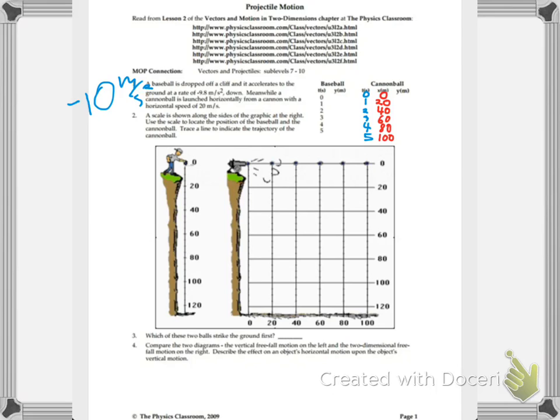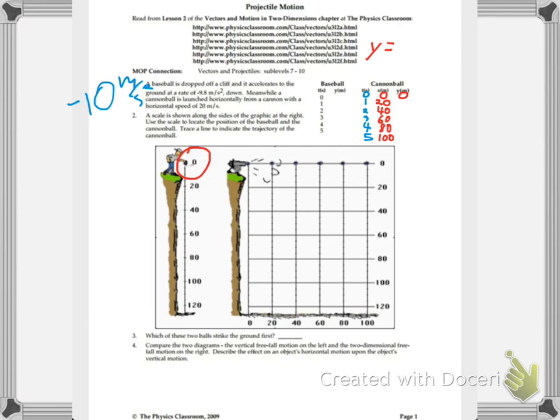Now if we want to get into the y position of the cannonball, at time 0, according to the graph, we start at an initial position of 0. After 1 second, we're going to be using our kinematic equation.